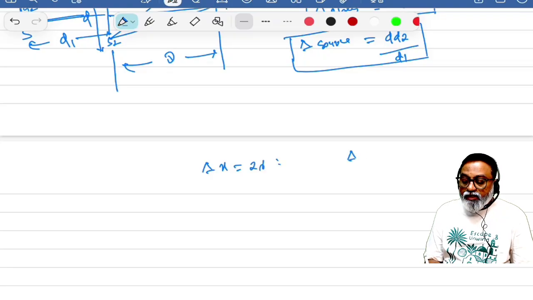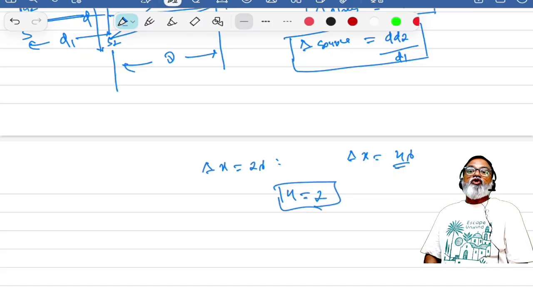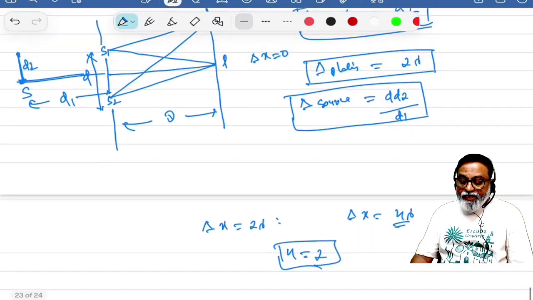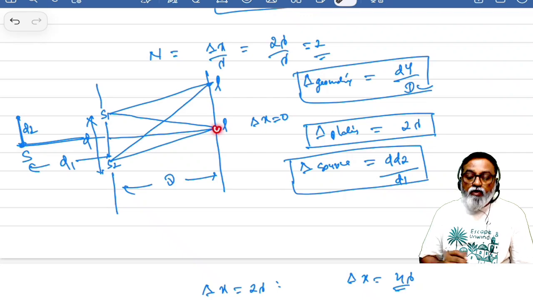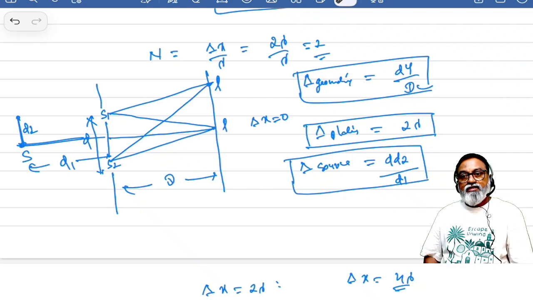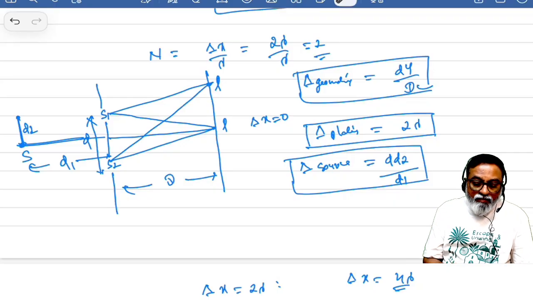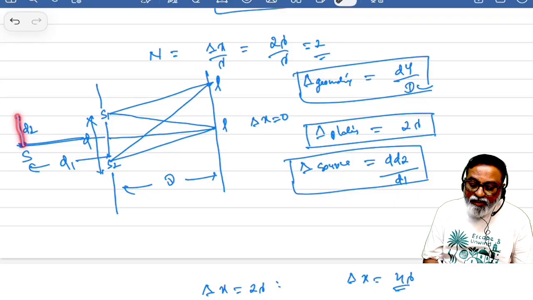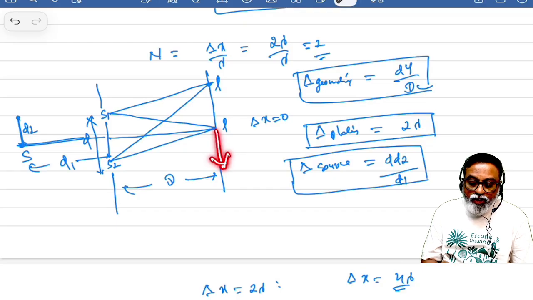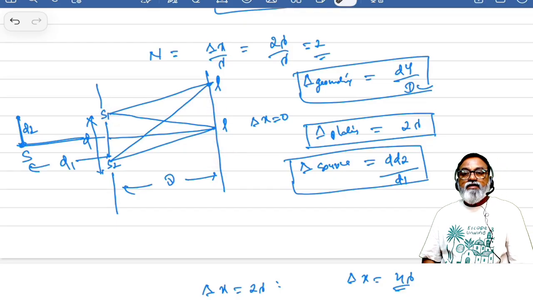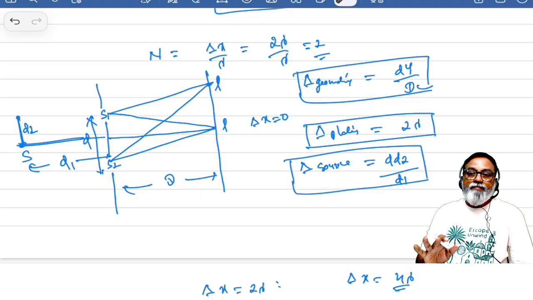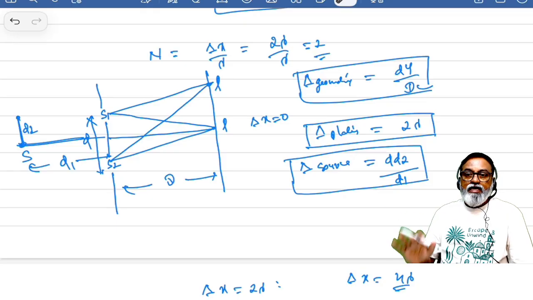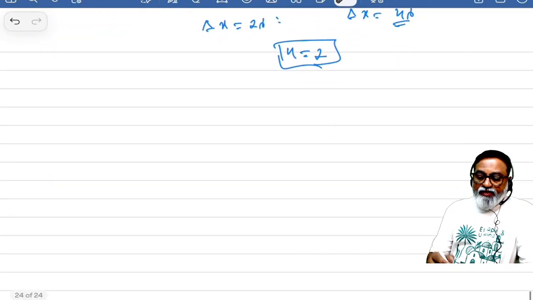Generally, for a bright fringe, delta x is equal to n lambda. Therefore, the order of the bright fringe n is equal to 2. By shifting the source, at point P there is no longer the second order bright fringe. By shifting the source, the fringe pattern shifts downwards, while due to the plates it shifts upwards. Therefore, the second order bright fringe is not formed at P, it will shift somewhere. At that point, what is the total path difference?